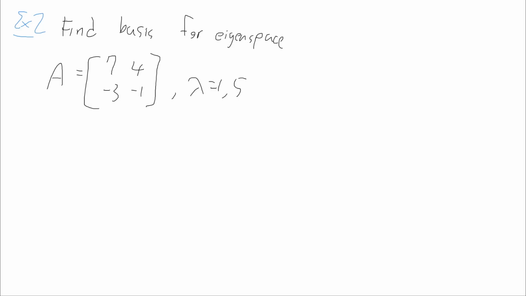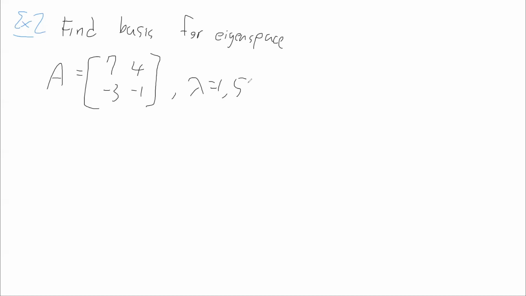If you go up to your notes earlier and look at the part right above theorem 1, the eigenspace is also the null space of A minus lambda I. So basically we need to find an eigenvector that corresponds to lambda equal to 1 and another eigenvector that corresponds to lambda equal to 5, and the collection of these two vectors will be your basis for the eigenspace.